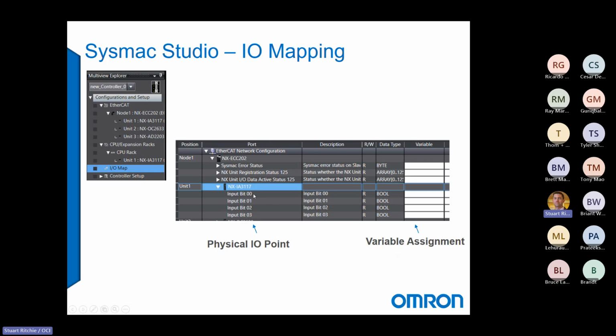So if this was a normally closed circuit and there was a true signal going to input bit 0, for example, it wouldn't matter what that variable initialized to. It's going to take the value of that digital input on the start of the first cycle. But as far as outputs go, yes, they initialize to 0. Any other Boolean, unless it's retained, is going to initialize to 0. Did that answer your question? Yep. Okay.